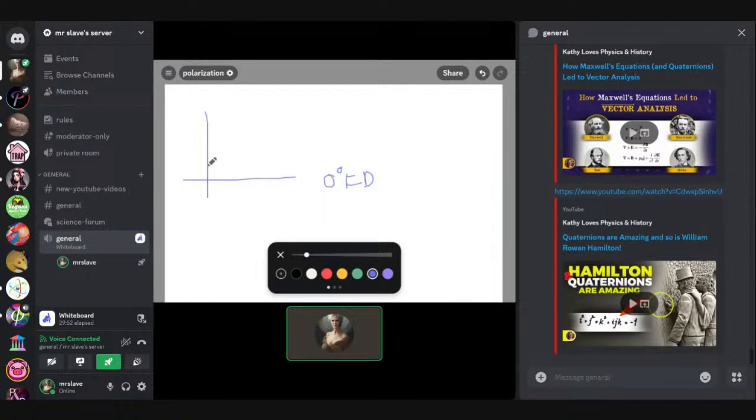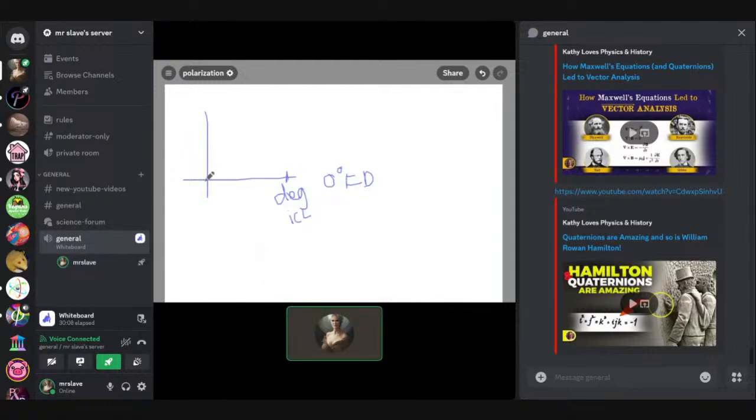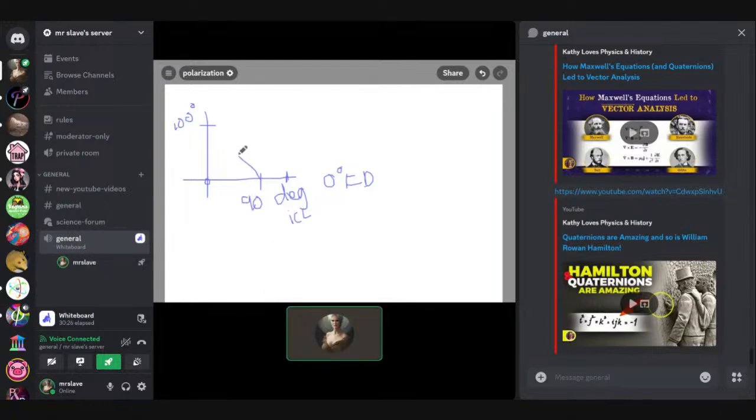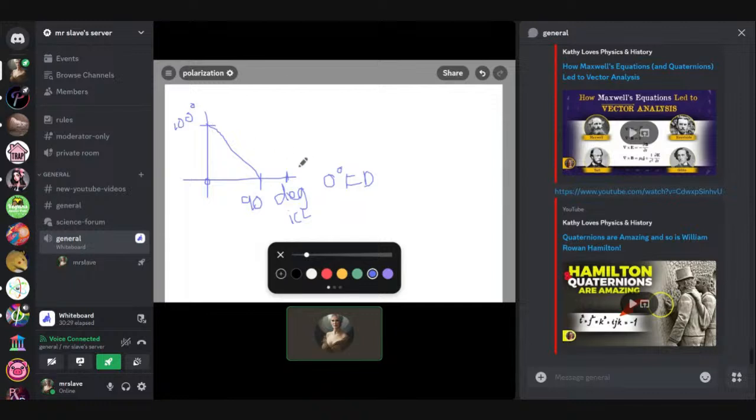So this is the degree of the incoming light. If the incoming light is 0 degrees, then it's 100%. If it's 90 degrees, then it's 0. And it looks like it's linear.